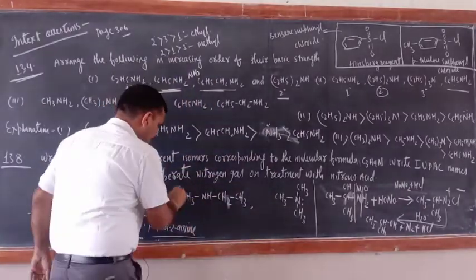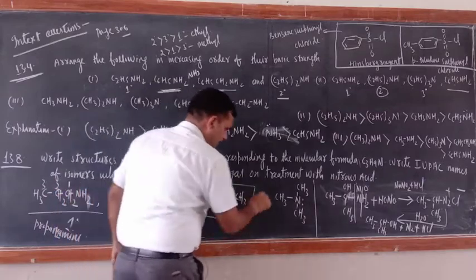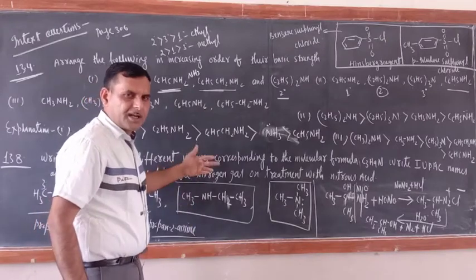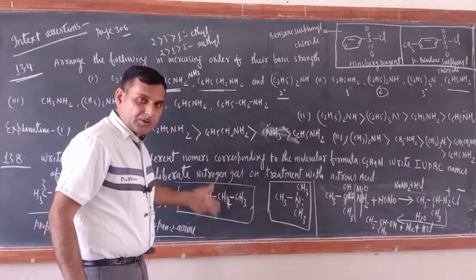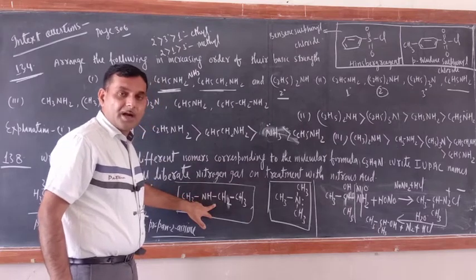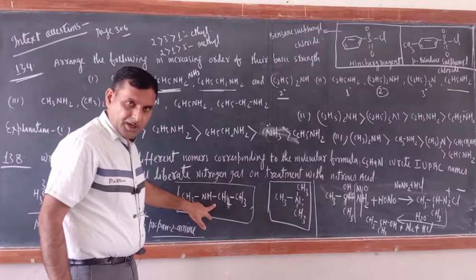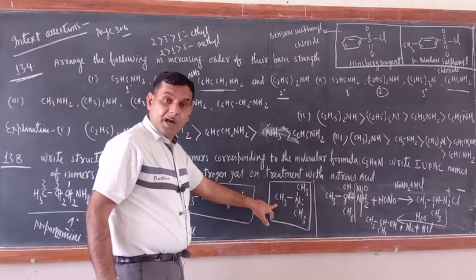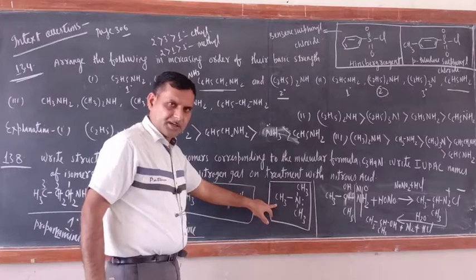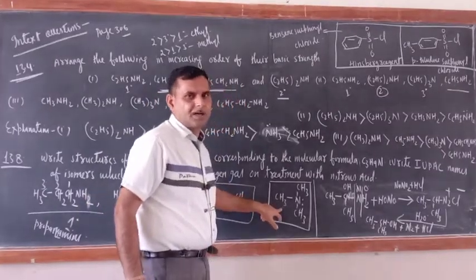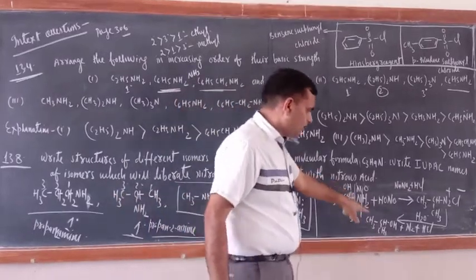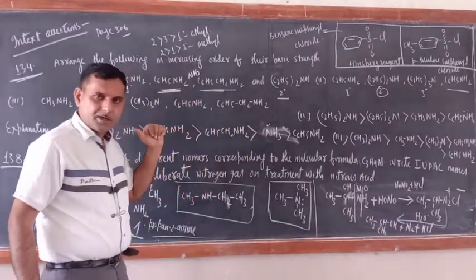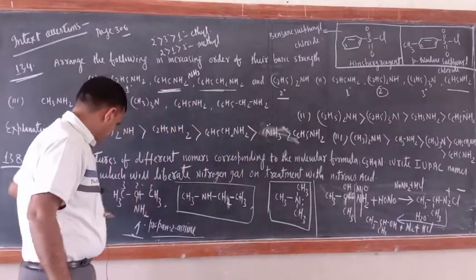Now this is 2 degree amine. It will react with HONO but in a different way, and it will not evolve nitrogen gas. It will react with nitrous acid and form nitrosamine. In the first case, which alcohol did you get? 1 degree alcohol, correct.